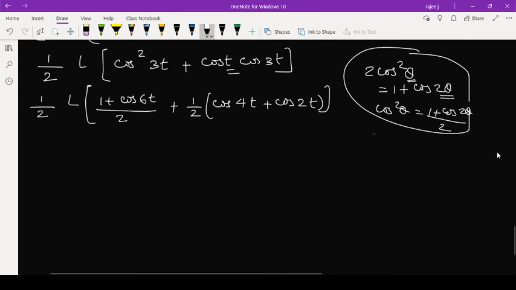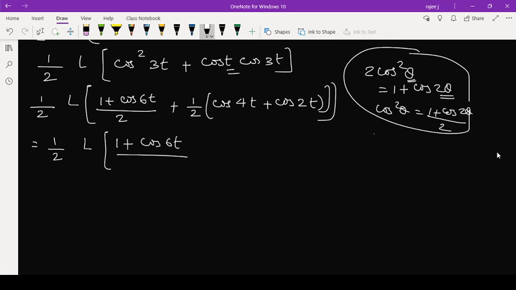So that is equal to 1 by 2 into L of what you have here: (1 plus cos 6t) divided by 2, plus 1 by 2 cos 4t, plus 1 by 2 cos 2t.